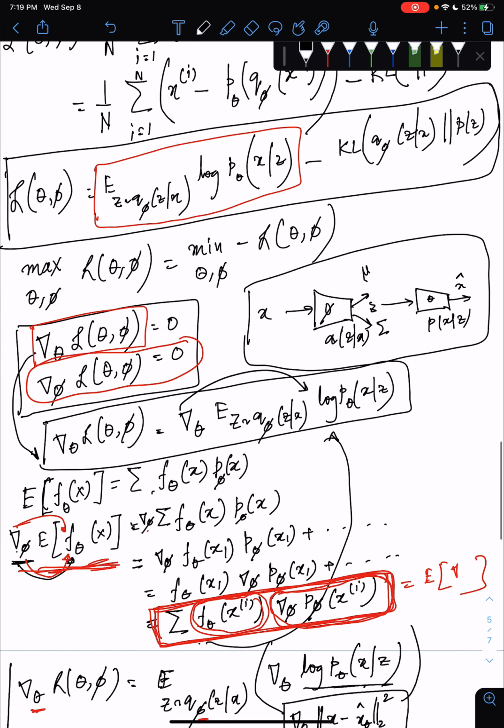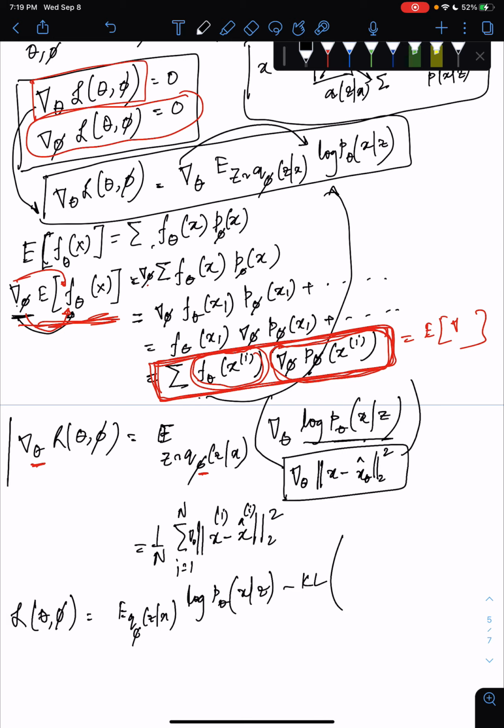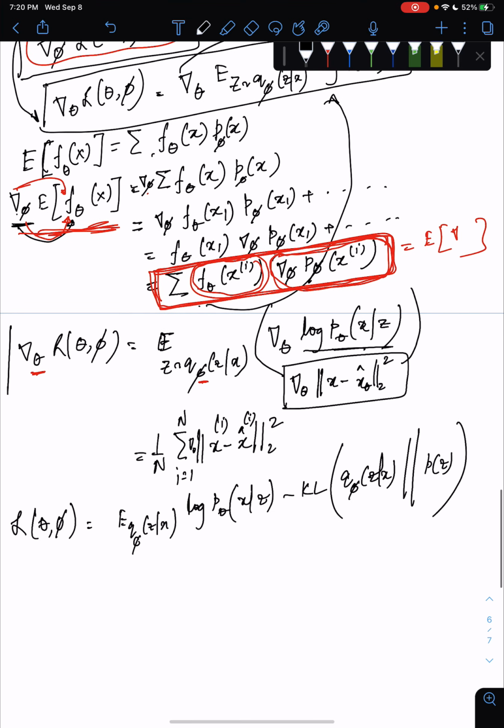So we have the loss function. Let me write the loss function here again. L(theta, phi) is the expectation over q phi (z given x) of log p theta (x given z), minus KL of q phi (z given x) and p(z).